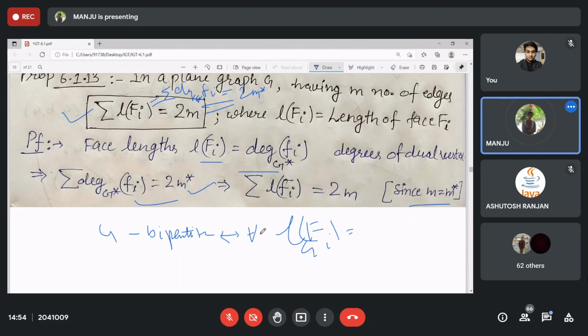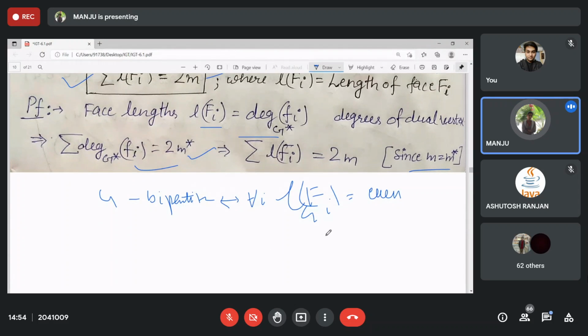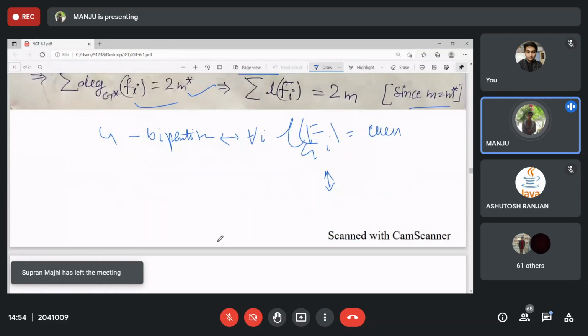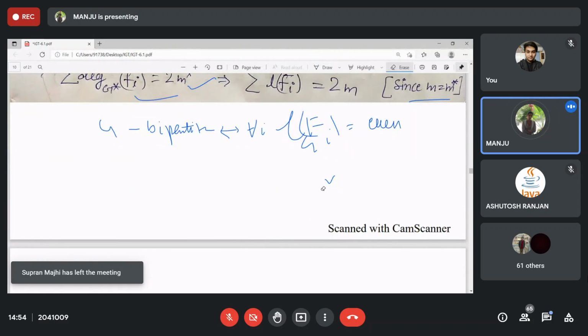Clear for all i? Clear? And when the length of each face is even, if and only if, you can just say these three statements are equivalent. Yeah, these three statements are equivalent.